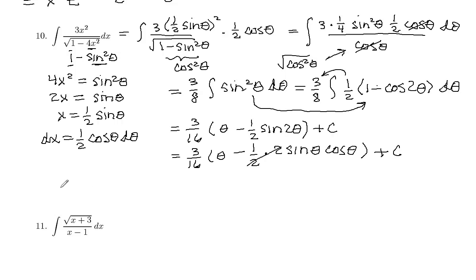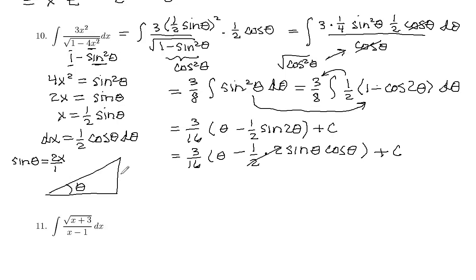So here's where we're going to go ahead and use the triangle. Okay, so do our triangle to reverse the substitution. So there's our angle theta. And what we know here is that sine theta is 2x. So sine theta is equal to 2x, and we'll write that as 2x over 1. And sine is opposite over hypotenuse.